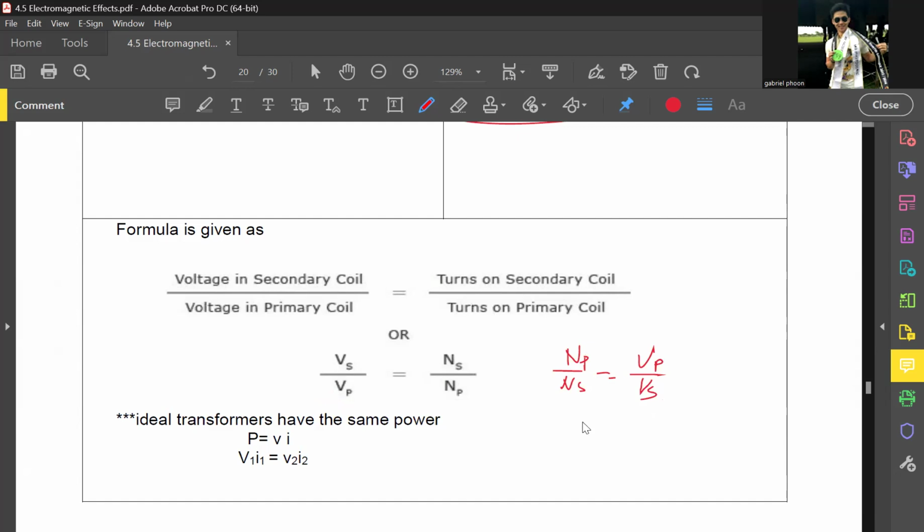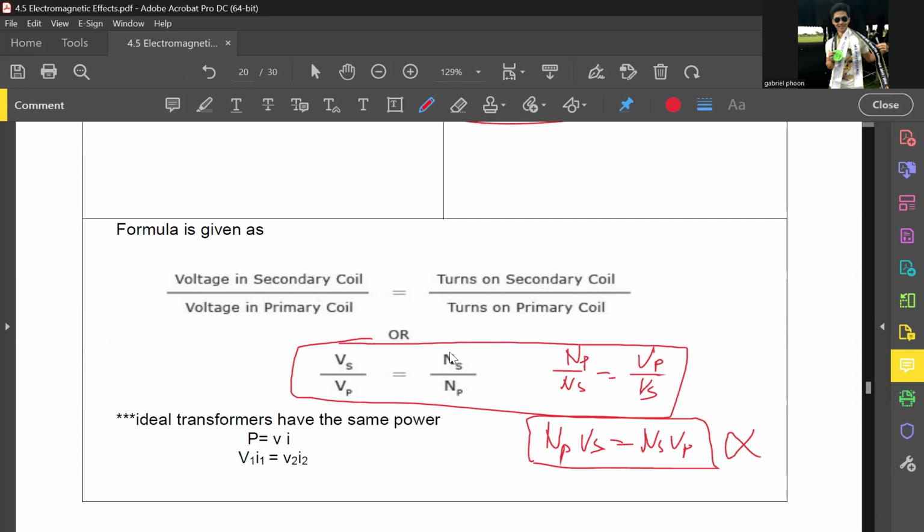Or if you want to try to be funny, Np Vs equals Ns Vp, also acceptable, but no one writes this. You must be some degree of psychopathic to write this. These two are acceptable because we are just playing with the ratio.